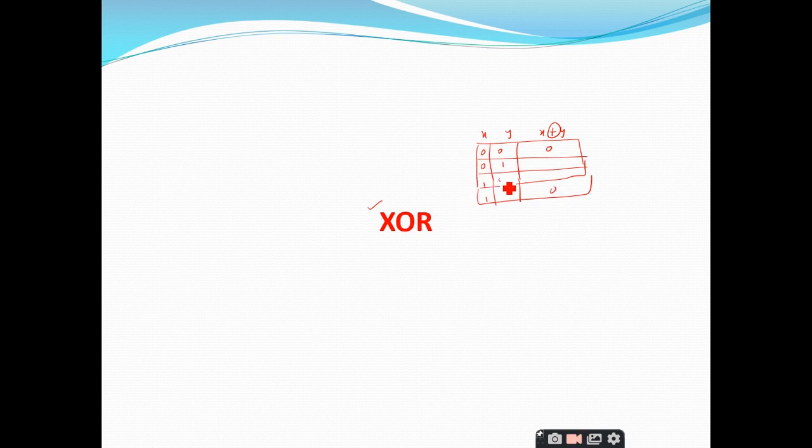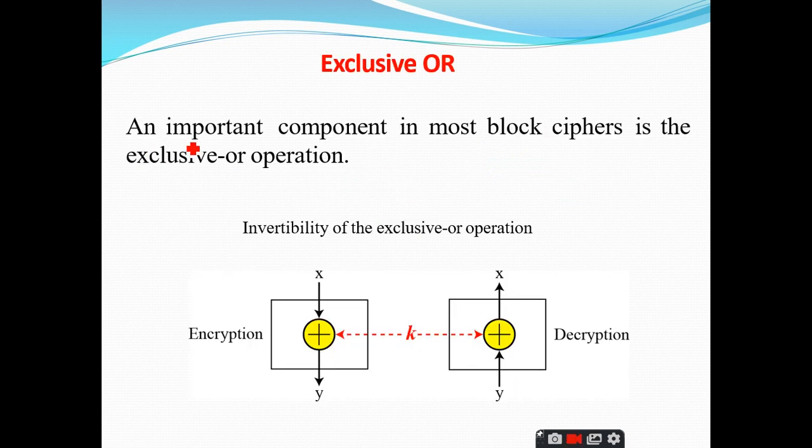If the bits are different, we have a difference in the input bits, then the result will be 1. This is how the XOR operation is defined. It is used as one of the components of modern block ciphers. As we know, an important component in most block ciphers is the exclusive OR operation. I told you, right? The exclusive OR operation is one of the important components that we use in modern block ciphers.